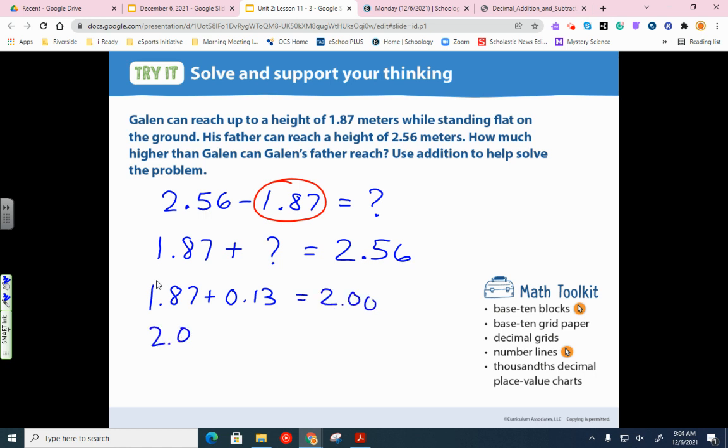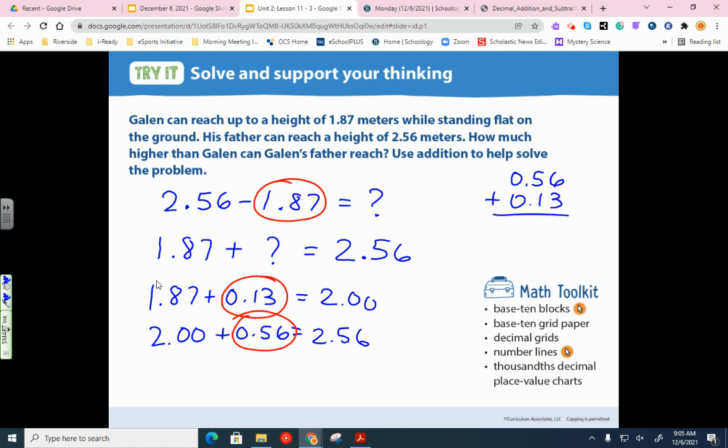And then if I take 2 and want to make 2 and 56 hundredths, I just have to add 56 hundredths. To get my final answer, I add up the jumps, or how many times I increased. So we have 56 hundredths and 13 hundredths, and we're talking about meters, so that would be 69 hundredths meter.